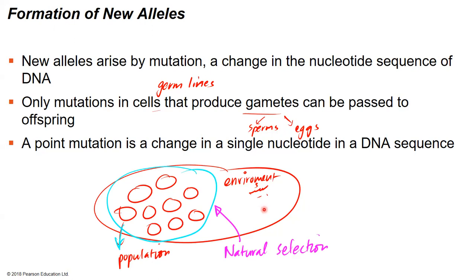Basically, the alleles we have in our genomes have been selected, and this is why we can live in the environment surrounding us.